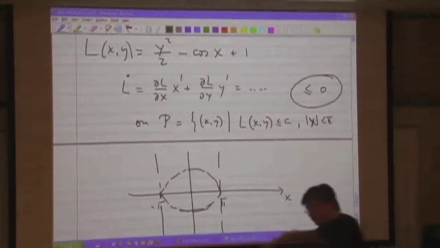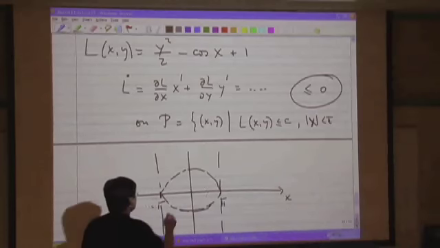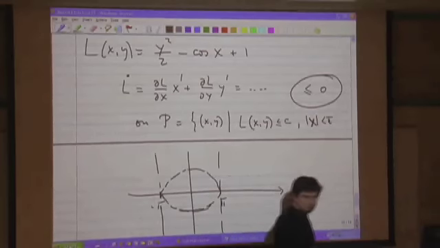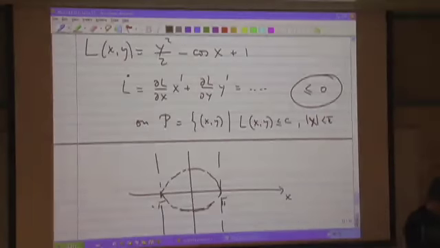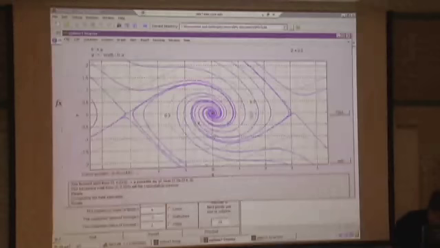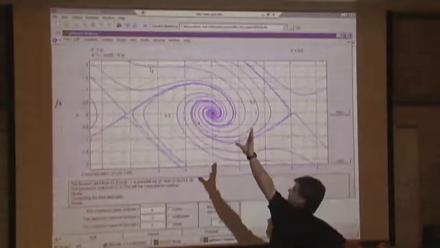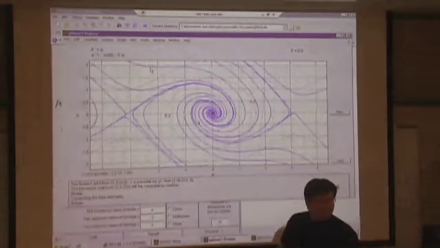You have to go through this second invariance principle that I mentioned without proof to conclude that this is actually asymptotically stable, and it's telling you basically all these regions are in the basin of attraction. Now, what is the basin of attraction if you look at this picture closely? Well, this point is in the basin of attraction, right?